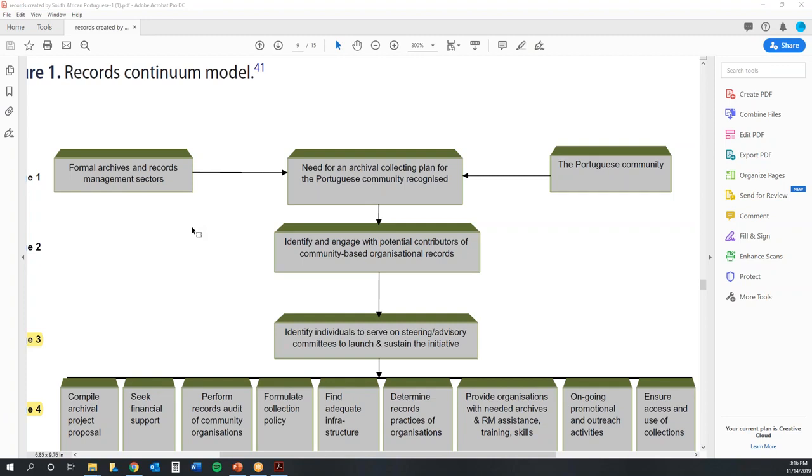So it really all starts with buy-in by the Portuguese community and working with the Portuguese community to really steer the focus of the community archive and to contribute to really all the different archive activities that the archive goes through in order to document this particular community.